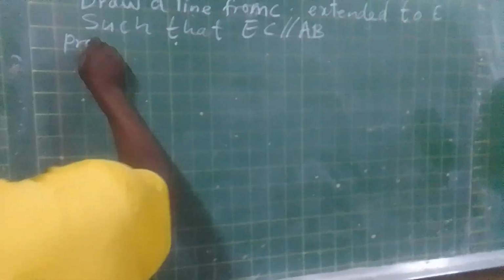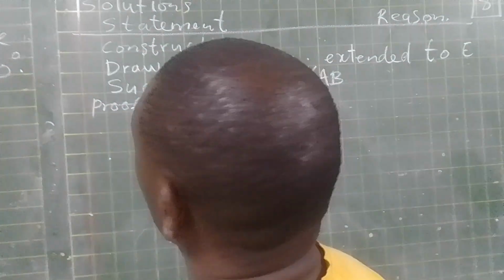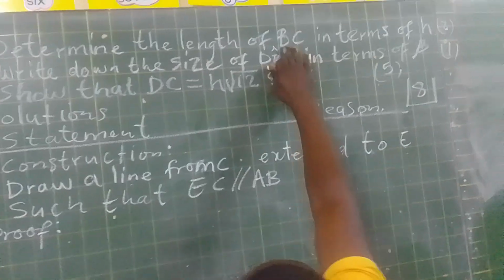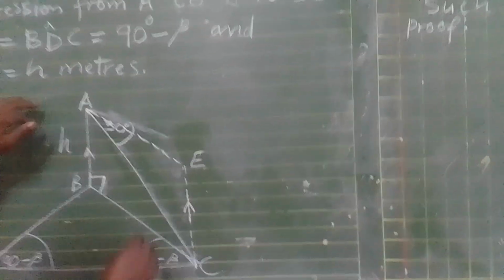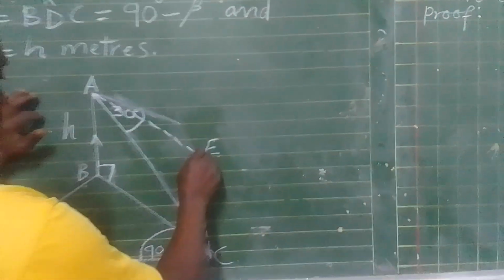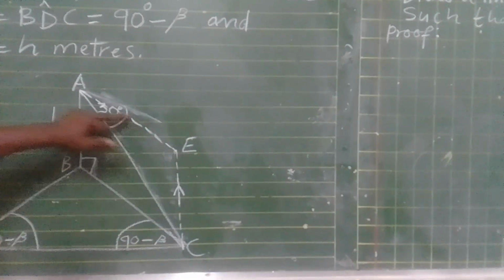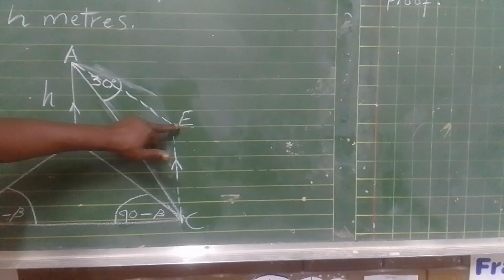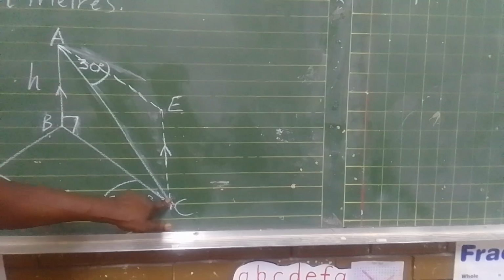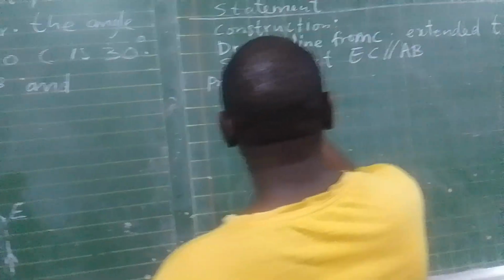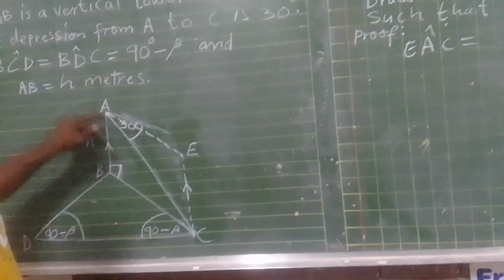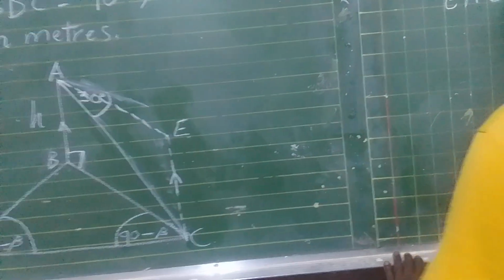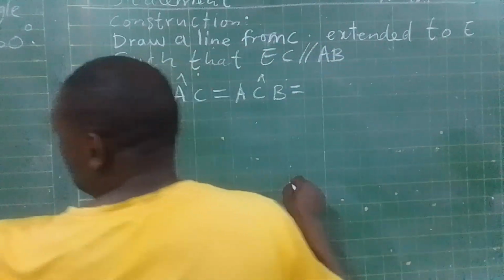Now we are proving 7.1, which says determine the length of BC in terms of H. If we come here to C to look at this angle, angle EAC, angle EAC is equal to angle ACB, which is 30 degrees.